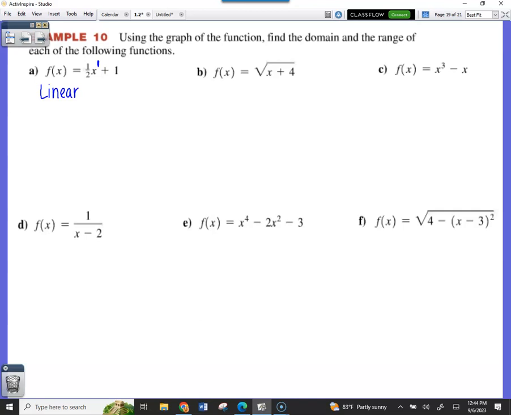Unless, of course, it's that horizontal line, which is a special case scenario. All right, so what's the domain? What's the range? All reals. Because that's linear. It's an odd exponent.